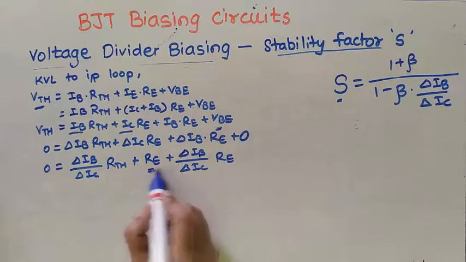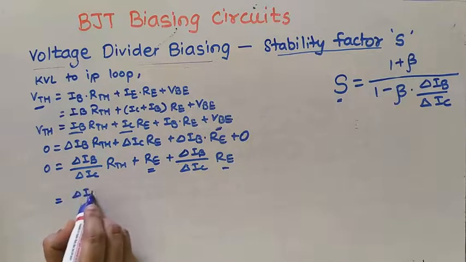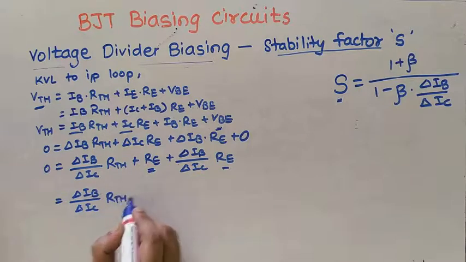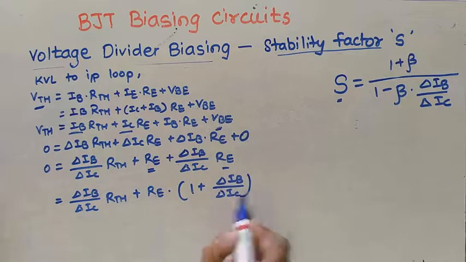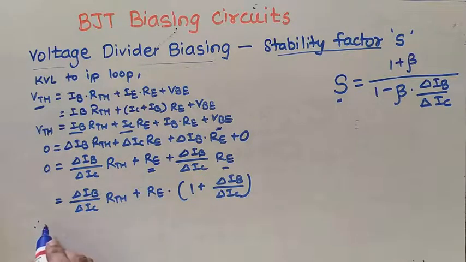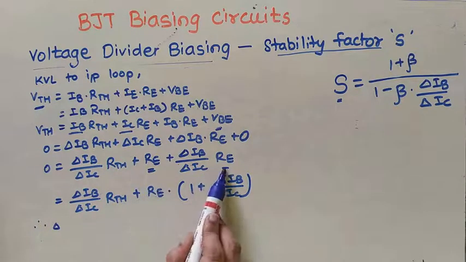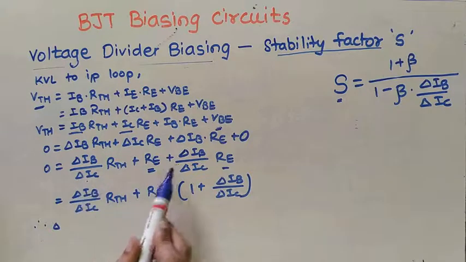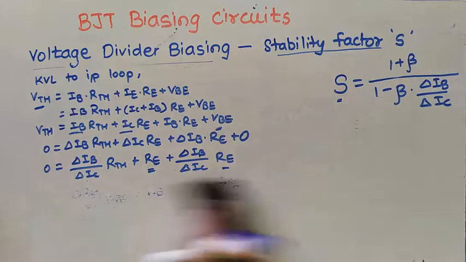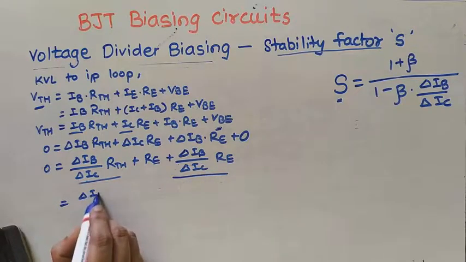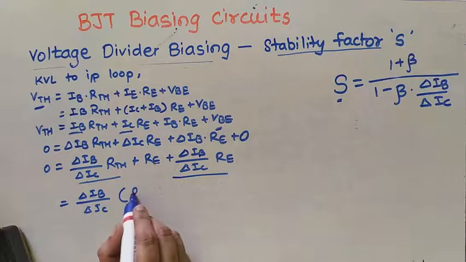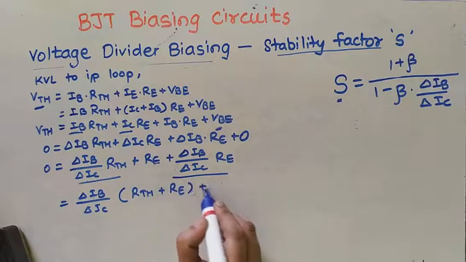Now, instead of taking RE common, we can take this term common and derive further. From these terms we take change in IB upon change in IC common, so we have into (RTH plus RE), plus RE.